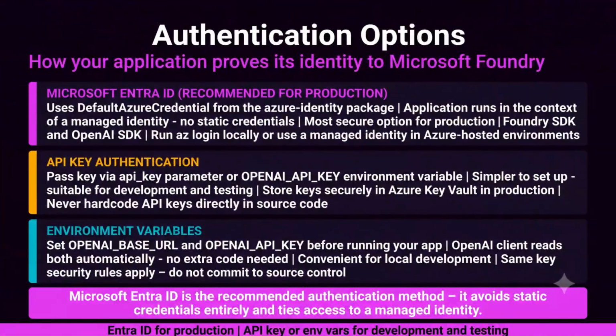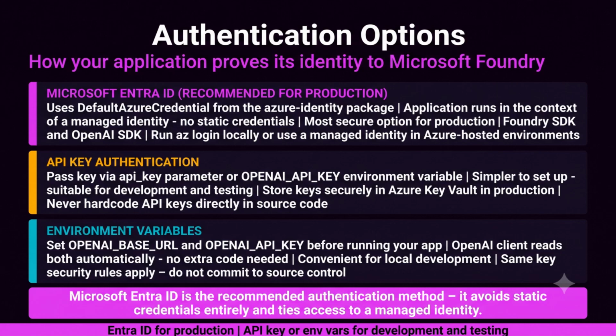Let us pull authentication out and give it its own focus, because understanding the options clearly matters for the exam. Microsoft Entra ID authentication is the recommended approach for production applications. It uses default Azure credential from the Azure Identity package, running your application in the context of a specific managed identity rather than a static secret.